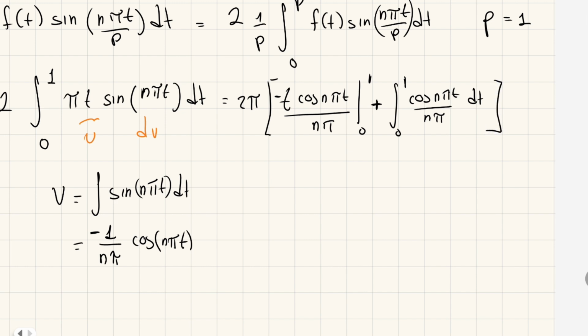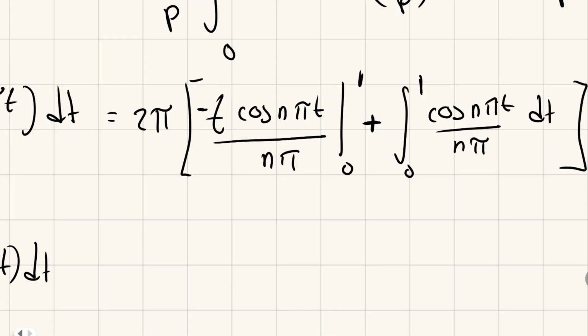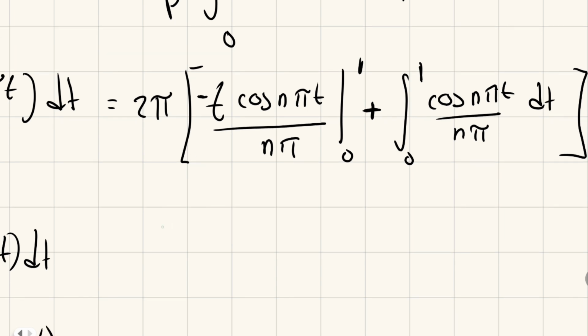Okay, perfect. Look here that when we evaluate at 0, this is going to be equal to 0 due to this t that is multiplying. So the only term that is going to survive is when t is equal to 1. So this is going to be, and 2 pi divided by n pi is just going to be 2 divided by n.